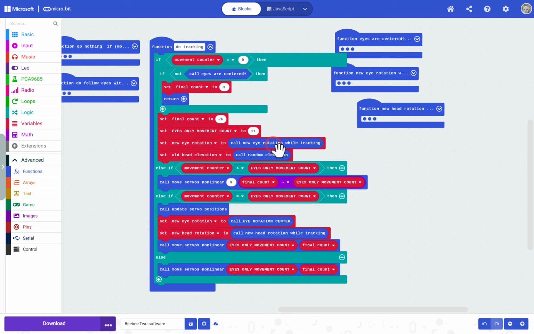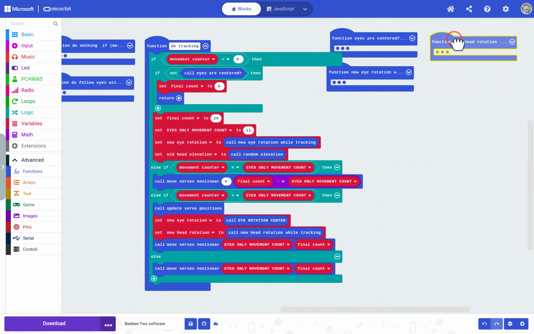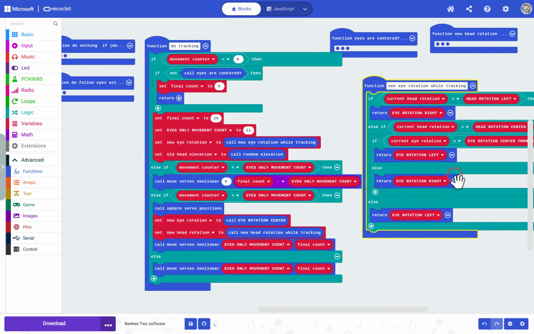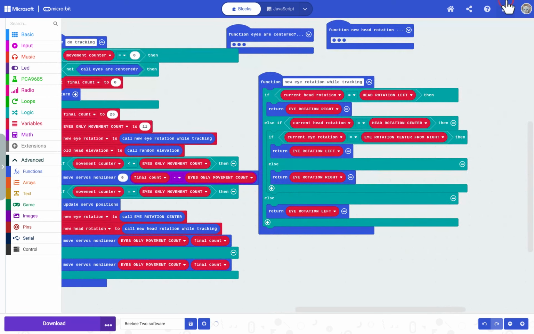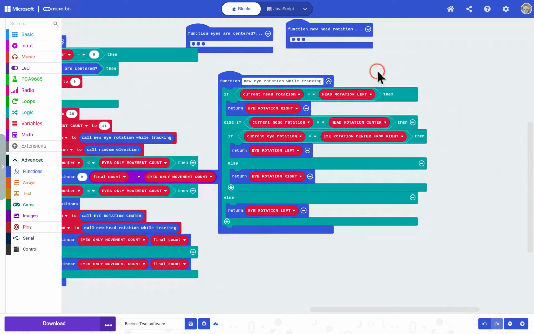New eye rotation, called new eye rotation while tracking, which is going to decide which way we're going to go. And that's going to depend on which way the head's rotated. Remember that we've already checked to see if the eyes are centered, so we know that the eyes are centered. We just have to check the head rotation. So if the head is still left, we need to move our eyes the opposite direction.